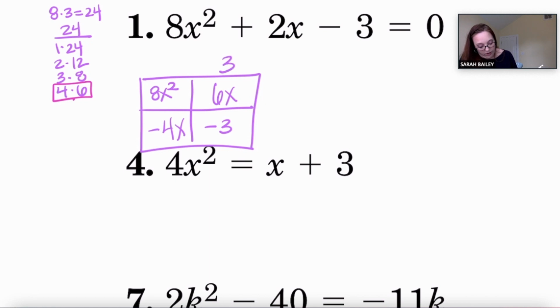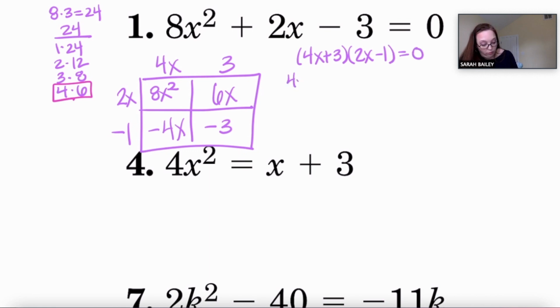So here we can factor out a 3. We can factor out 4x this way, 2x that way, and only a negative 1 there. So this is going to become 4x plus 3 times 2x minus 1, and that's all equal to 0.